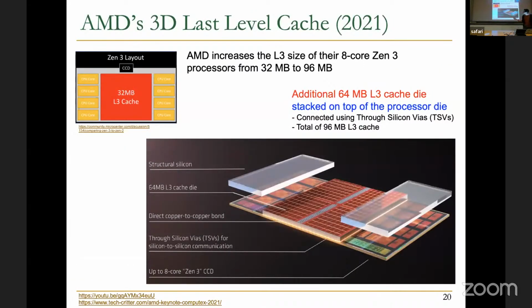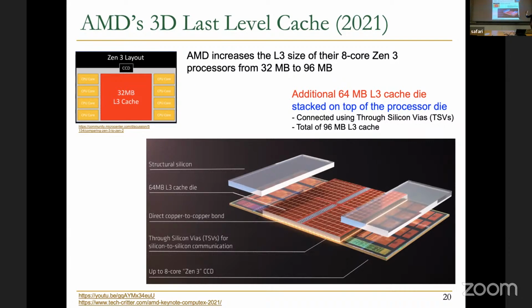Or if you take a look at this newer design from 2021, also from AMD, already in the top left you can see the size of the L3 cache compared to the rest of the system and compared to the cores.